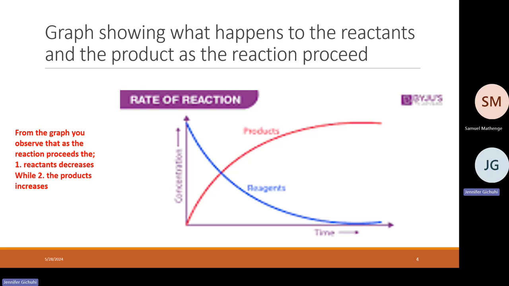So in a nutshell, we want to say at the beginning, the reactants are at 100% and the product at 0%. And therefore, we need to note that the graph of concentration against time for the product will always start at the origin, while that of the reactant will start at the top as it moves down.